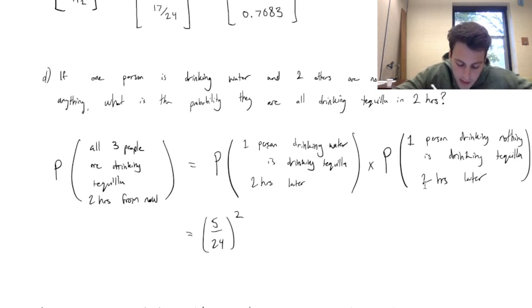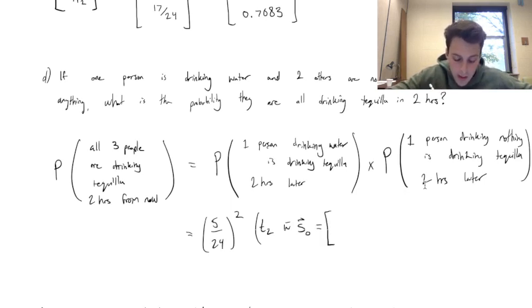So this is T2 with S0 equal to, they're drinking water, which means that T0 is 0, W0 is 1, and N0 is 0, right?